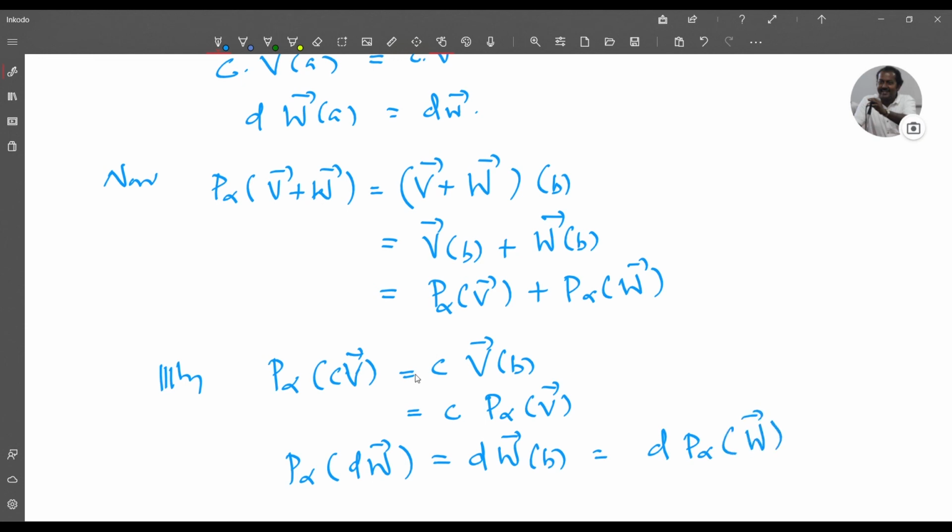That is P alpha of cv plus dw. So P alpha of cv plus dw is c into P alpha of v plus d into P alpha of w. So P alpha is linear.